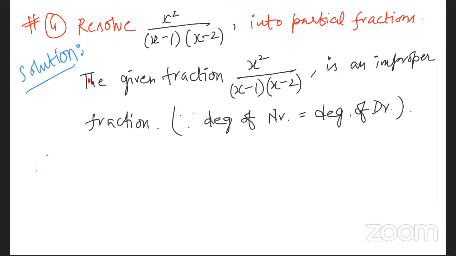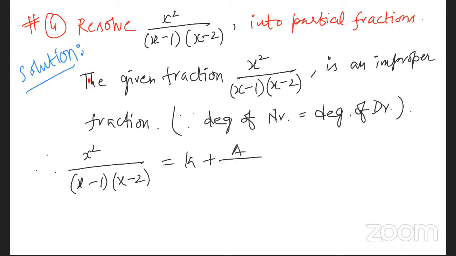This can be expressed as, therefore, x square by x minus 1 into x minus 2 can be written as k plus a by x minus 1 plus b by x minus 2, where we have already defined k. What is k?